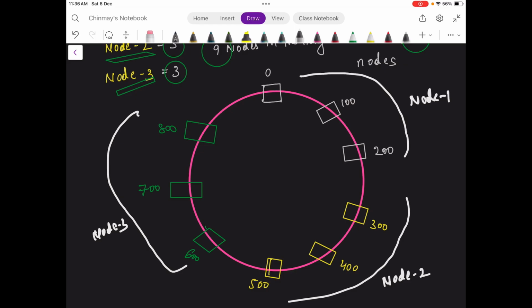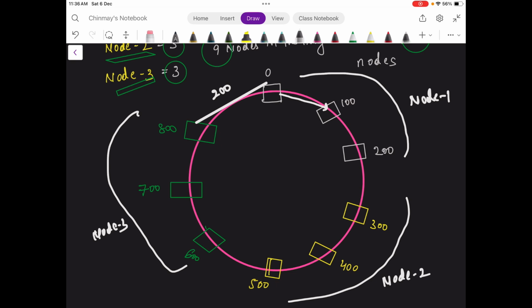When we introduce more dummy nodes into the hash ring, automatically the ranges will be approximately similar, right? Only here the difference is 200.